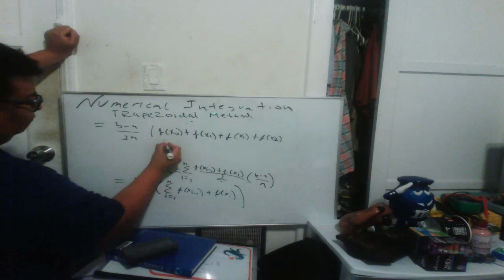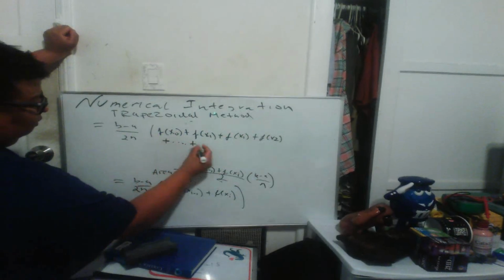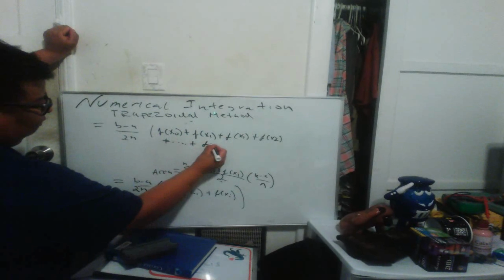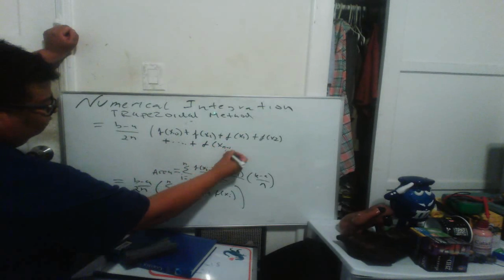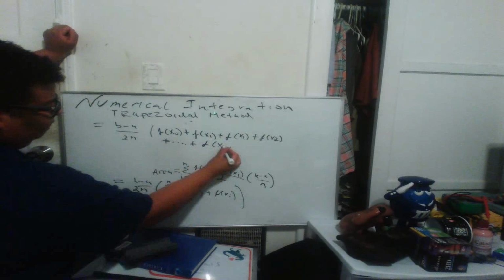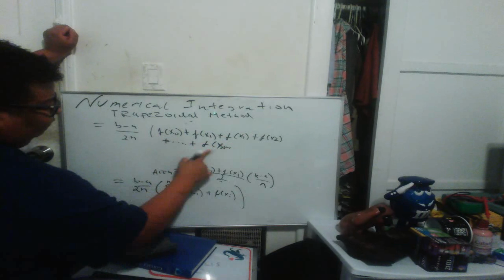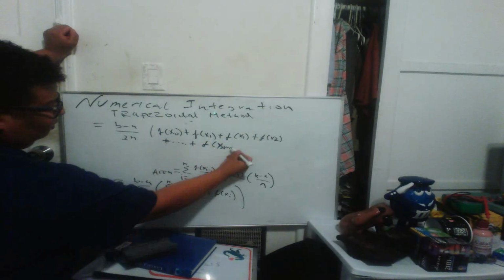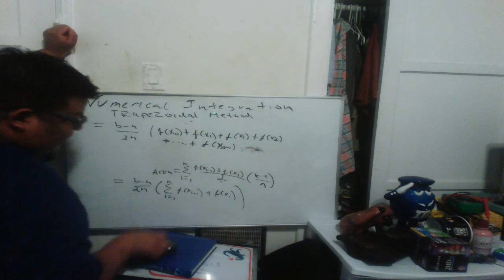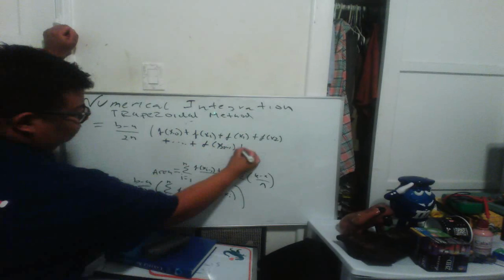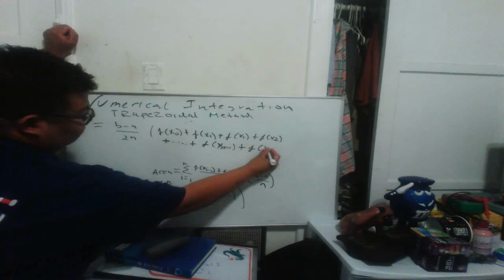And then we're going to have plus f of x of n minus 1 plus f of xn, because n is the last term.